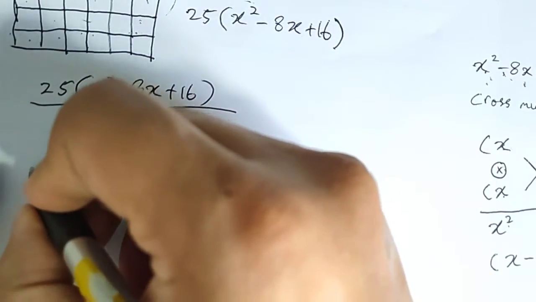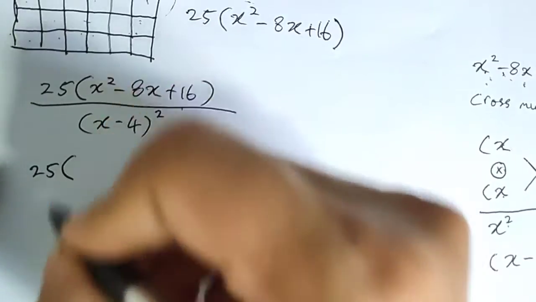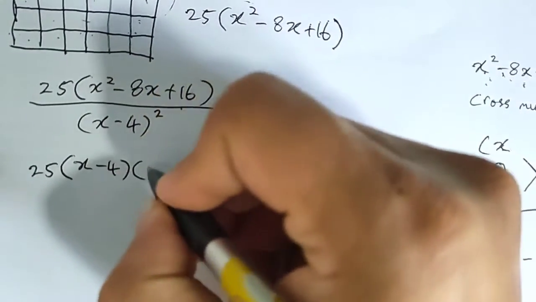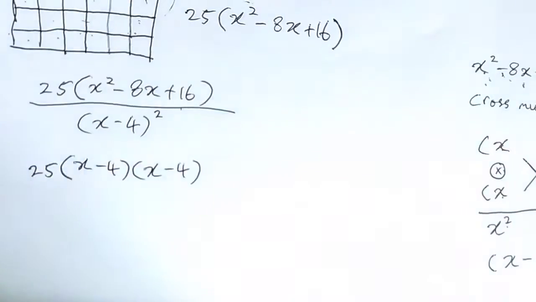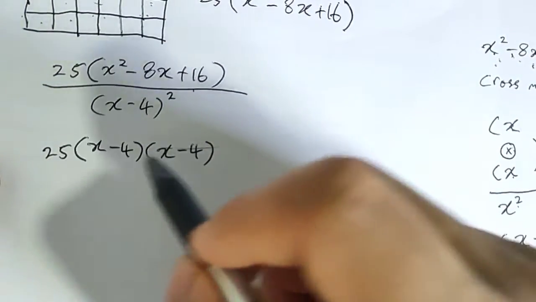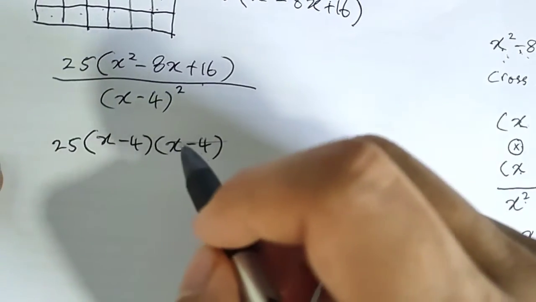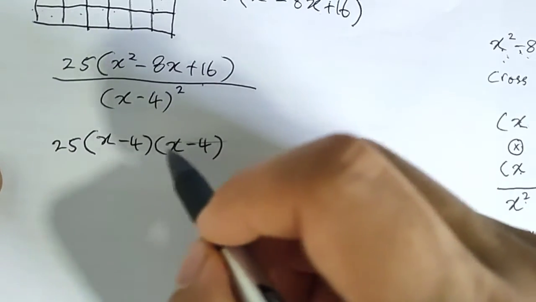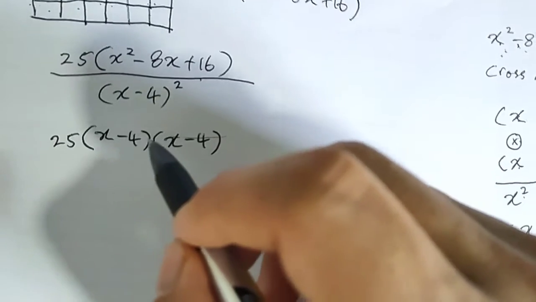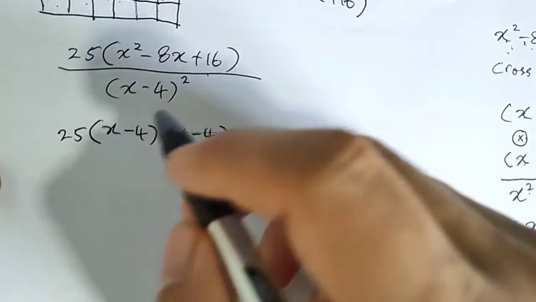And it is going to be x minus 4, x minus 4. Right? Okay. We replace all of them with the result. Don't worry, they are both still the same as this, but in a different form.